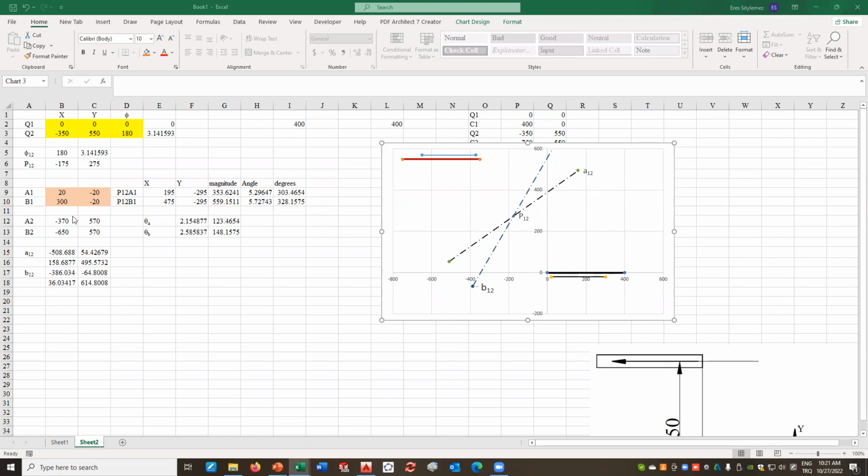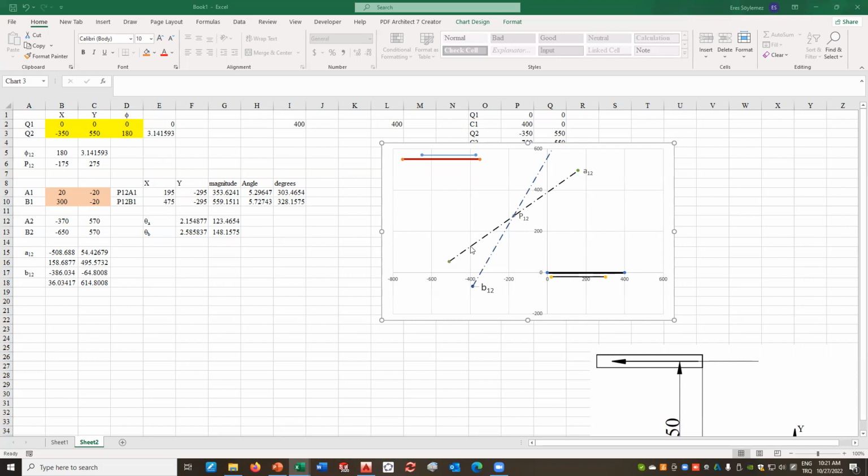We select them, and using these, we determine A2, B2. We determine the pole first, then A2, B2, the second position of AB. Then we determined the perpendicular bisectors A12 and B12.